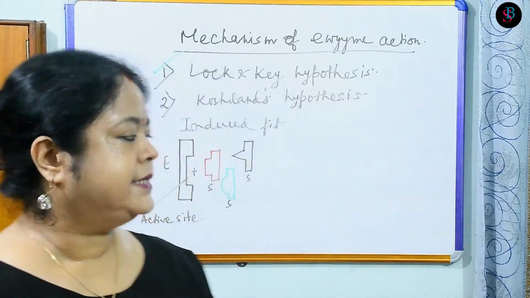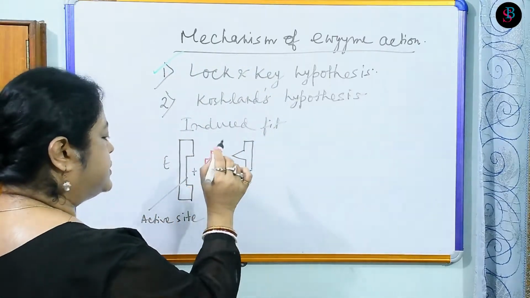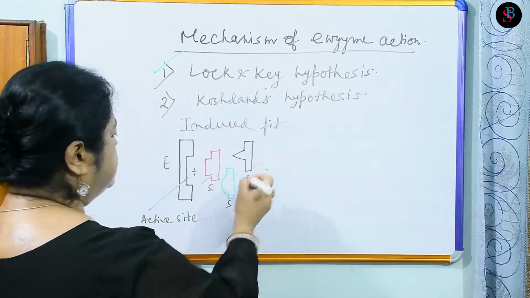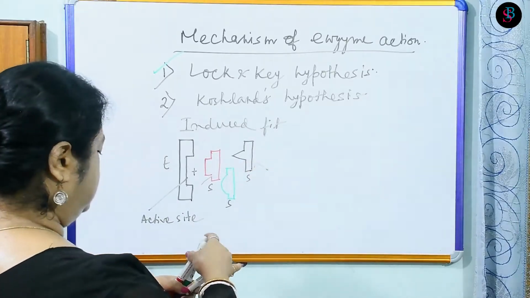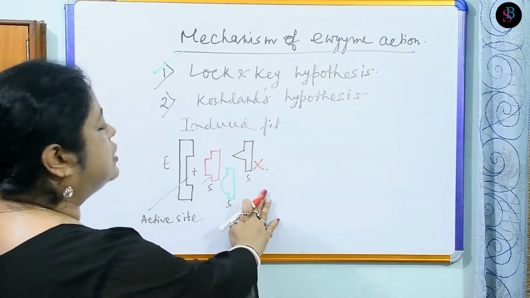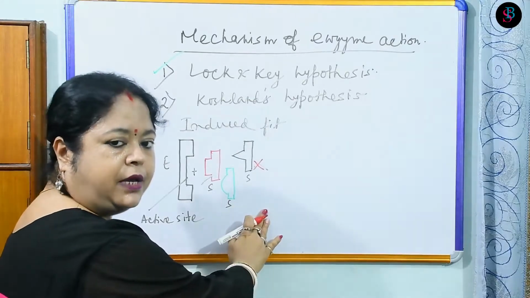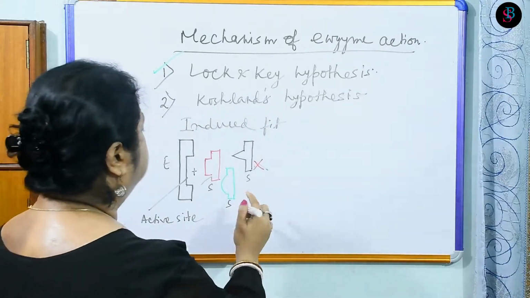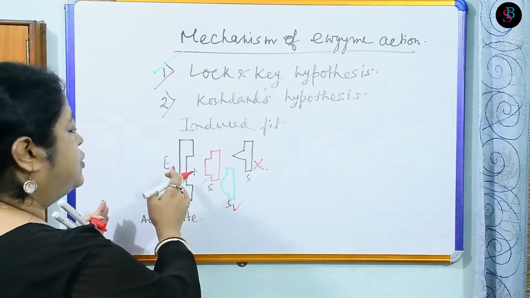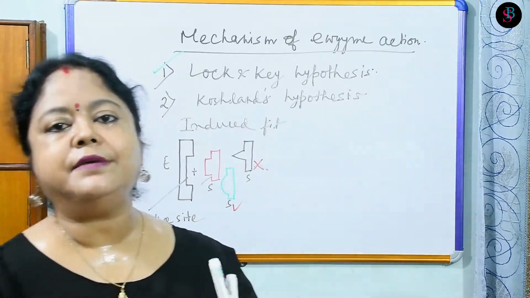So in that case, this is most okay. This is not at all okay because it will just touch 1 point of the active site, so enzyme will not compromise with this and it can't act as substrate here. But this can also be because it can touch more than 3 points of the enzyme's active site.